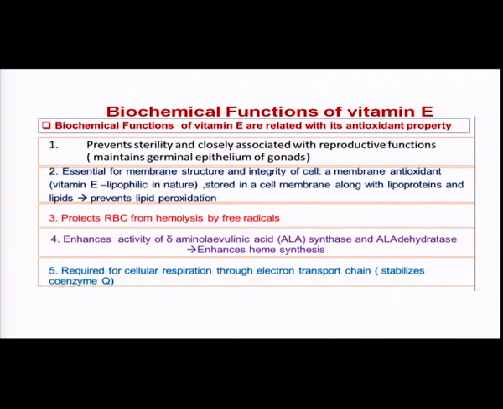So coenzyme Q is a stabilizer, and vitamin E is a stabilizer of the stabilizer. It tries to enhance the function, and it is essential for its normal biochemical functions. So we look here at their role in the normal way by which the other vitamins of this category, like vitamin A and carotenoids, are absorbed and utilized by the system.